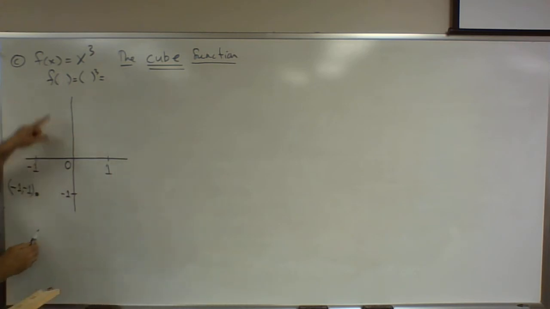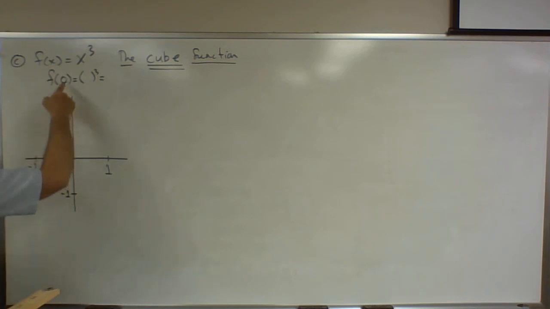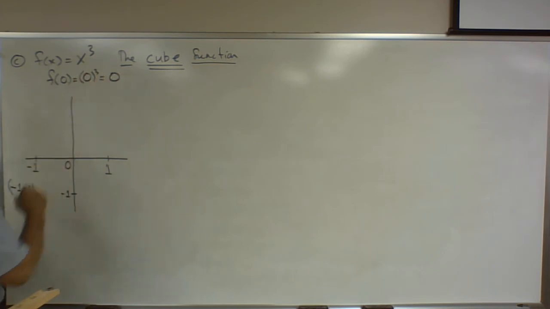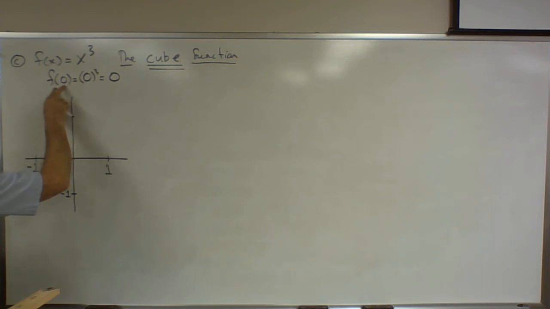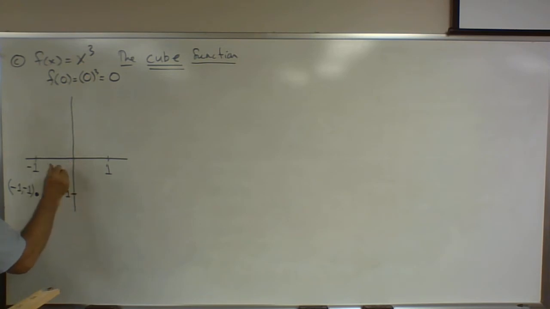When we substitute in 0 for x, we get f evaluated at 0. And we substitute 0 in for x, we get 0 cubed, which is 0. So when x is 0, f evaluated at 0, the y coordinate is 0 also. So (0, 0) is a point on the graph of this function.